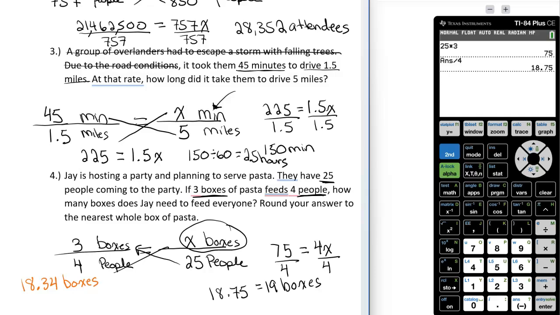The answer is no. So that means that this would also round to 19 boxes. That'll take a little bit of practice, but it's really important to be aware of. It was more straightforward here because the 18.75 naturally rounded up, but in this scenario, anything above the whole number 18 would round to 19.